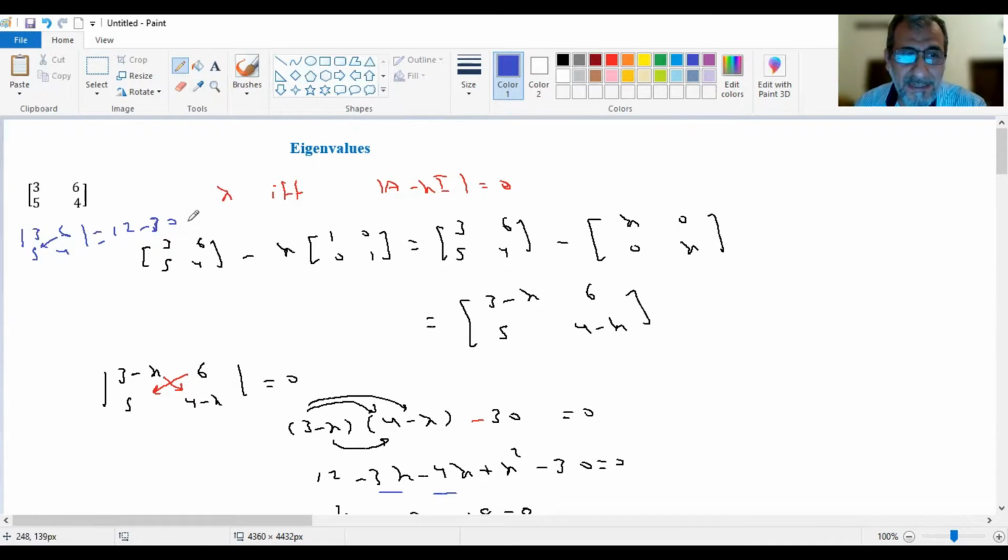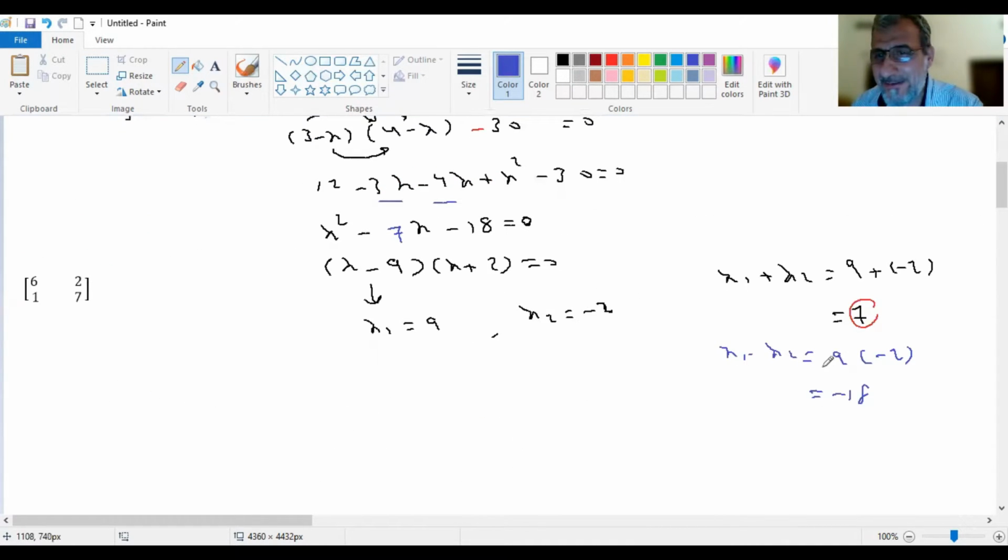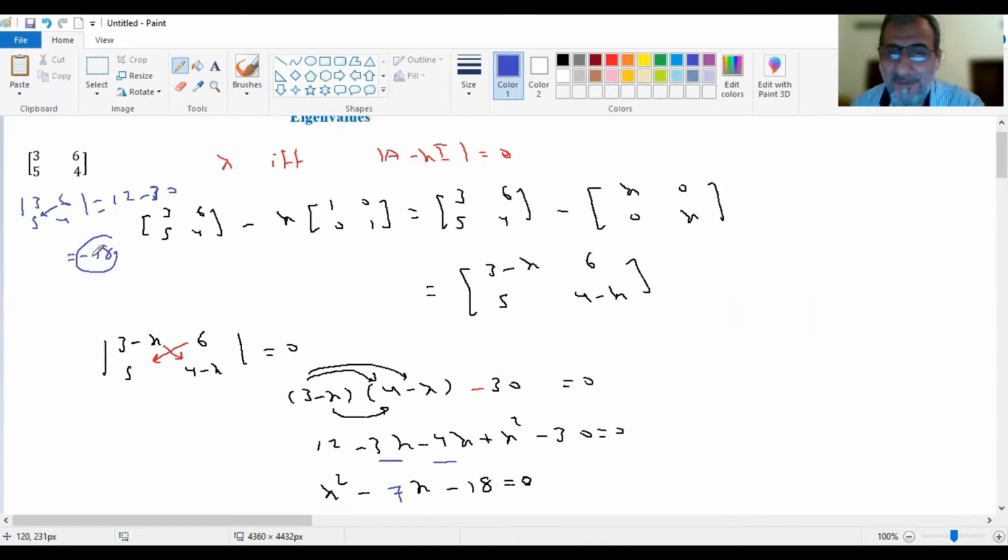So 12 minus 30 is equal to negative 18. The product equals the determinant of the matrix.